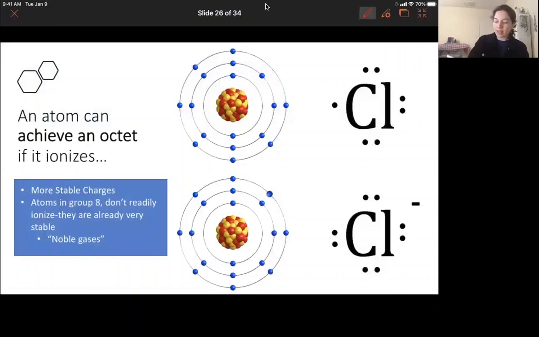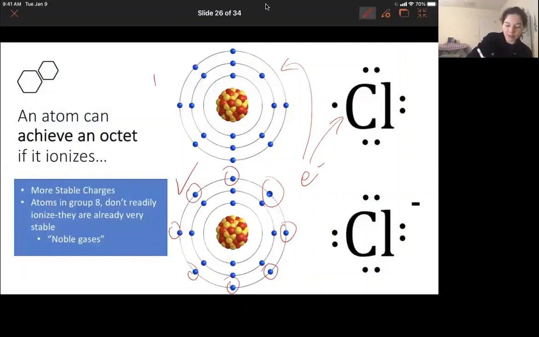So what happens is our chlorine gets an electron. It comes right in there. It fills these holes, okay? So if we look at what the atom actually looks like, you'll see there's an electron that's been added to the outer shell. And now it's got 1, 2, 3, 4, 5, 6, 7, 8. It's very happy. To emphasize this, I'm going to draw a sad face.